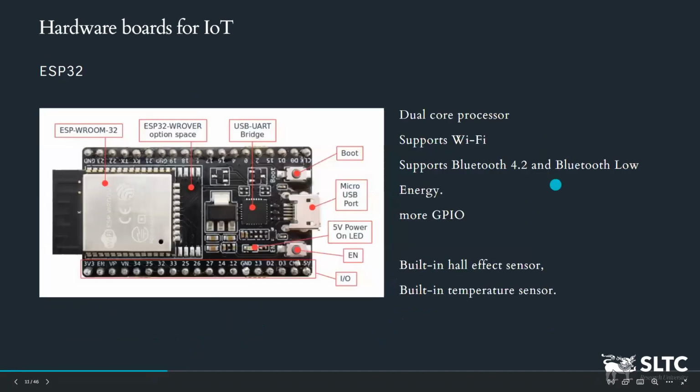So actually, in industry level IoT projects, depending on your application, you need to select the correct controller board.